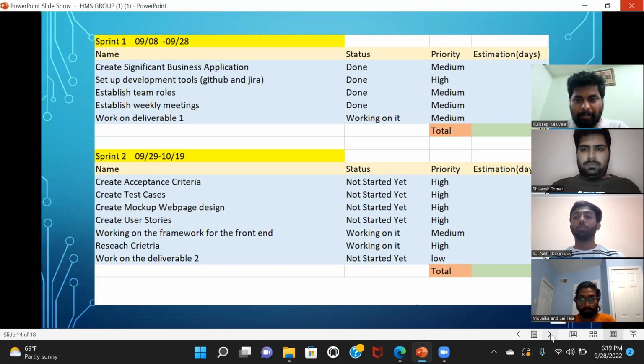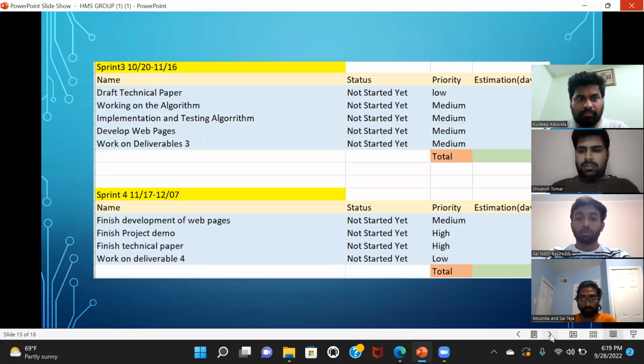We have followed the same process for all the sprints. The next slide will be covered by Saitej. Thank you, Shivansh. Kuldeep, next slide, please.